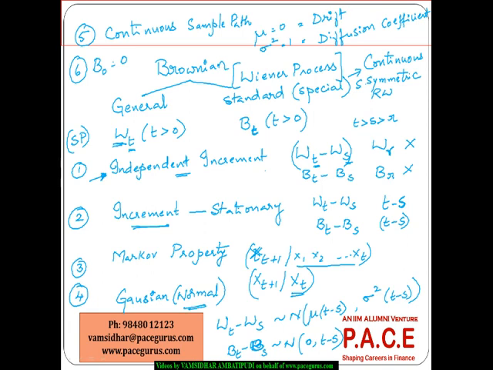And the difference is going to follow a normal distribution with mean equal to mu times the time difference and variance equal to the diffusion coefficient or the volatility coefficient times T minus S. And stock prices follow a continuous sample path. So we could very well see that stock prices are typically following a kind of Brownian motion.